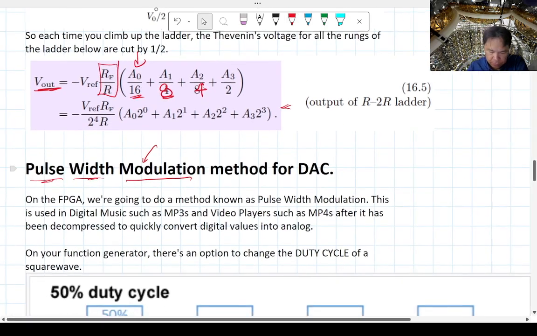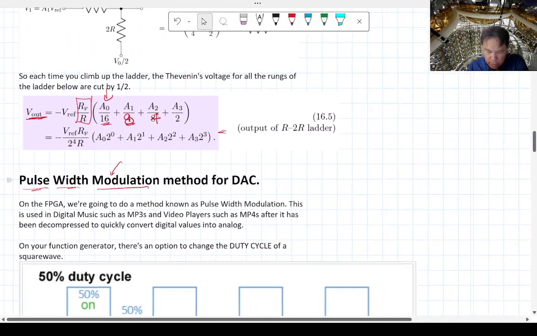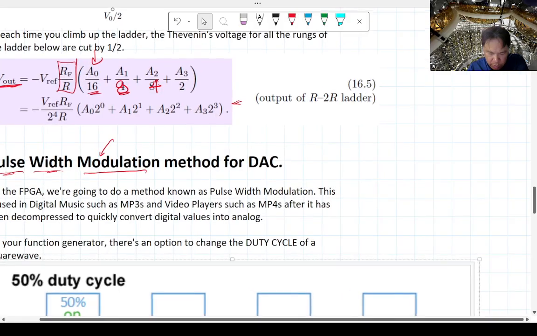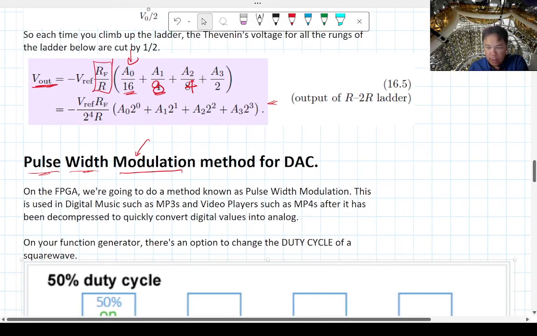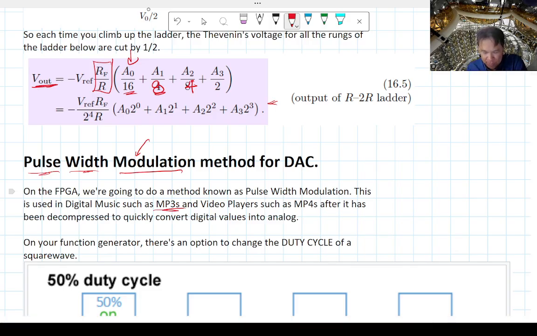Pulse width modulation is actually used by your computer, your phone, and these things that used to be called MP3 players that only play music. We don't have that anymore. But this is how a lot of digital sound gets converted from digital form into analog so that it can be played on a speaker or some sort of sound device.